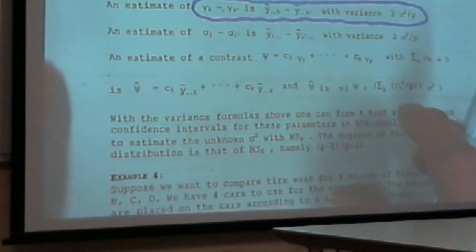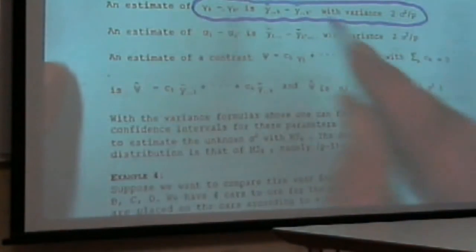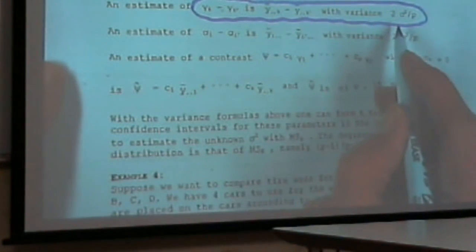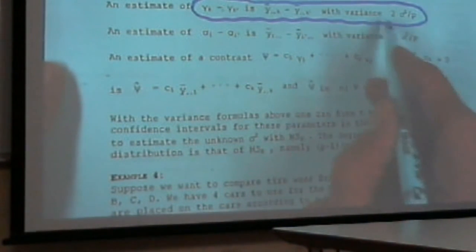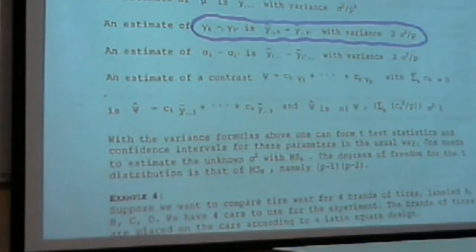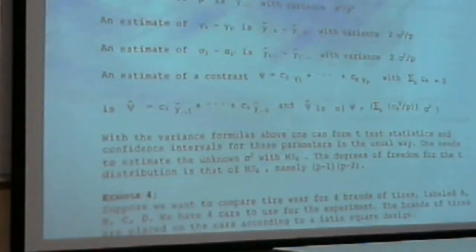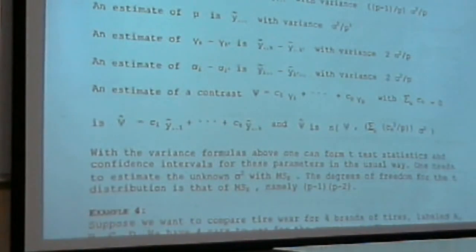Analyze the treatment parameter, compare them pairwise like this. So take the difference of the sample means, and then you've got to estimate the plus or minus via this variance formula. Well, you've got almost everything in front of your eye to put that together in just a couple minutes. For instance, going back to the example again.